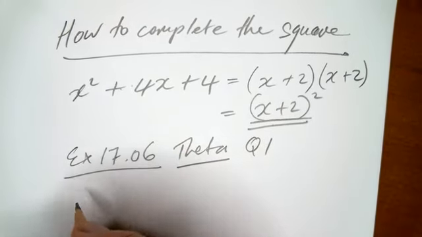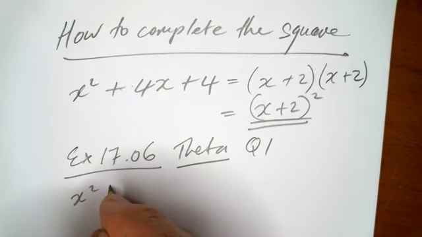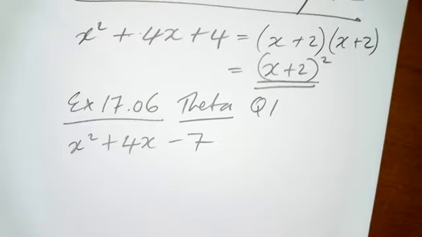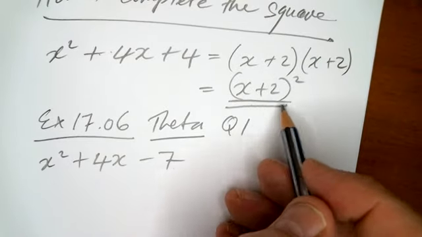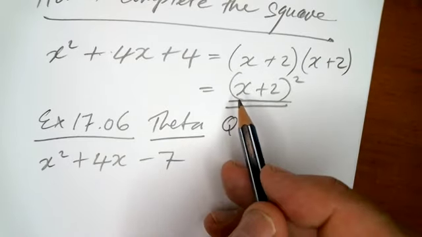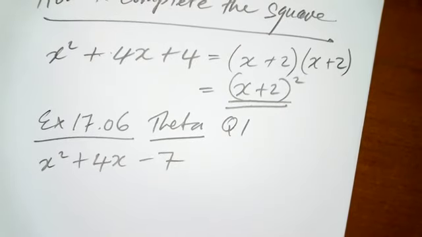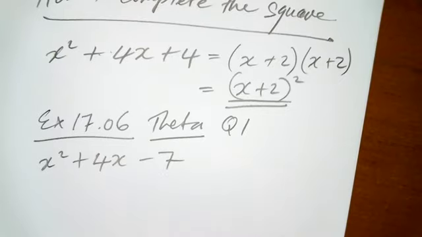And question 1 reads x squared plus 4x minus 7. Well, we want to find out if this has got a perfect square, or rather we're going to find a perfect square within this, and if it's not all a perfect square, it might be some bits tacked on the end. Well, let's see how that plays out.